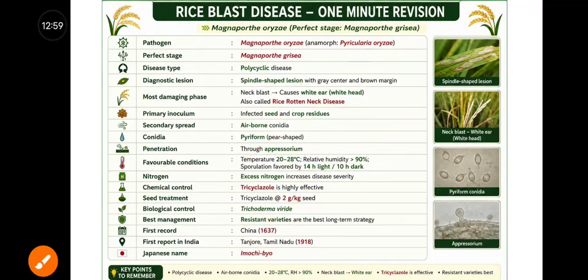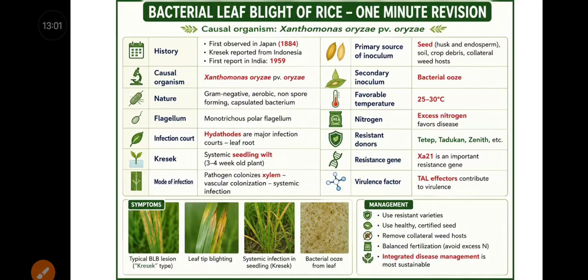Next, about the very important disease, bacterial leaf blight of rice. The causal organism for bacterial leaf blight of rice is a bacterium, obviously. It is caused by Xanthomonas oryzae pv. oryzae. See, two diseases are there: bacterial leaf blight of rice and bacterial leaf streak of rice.